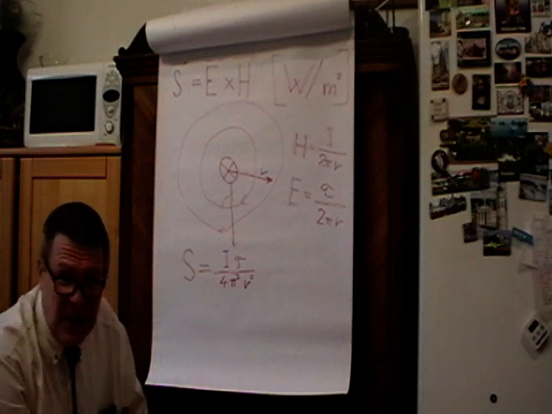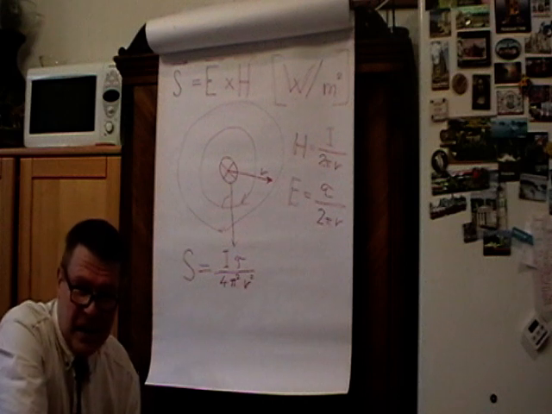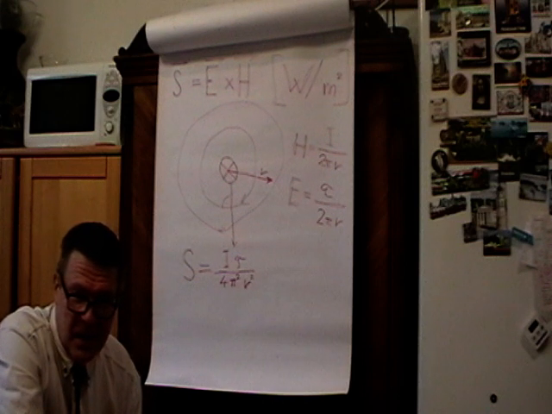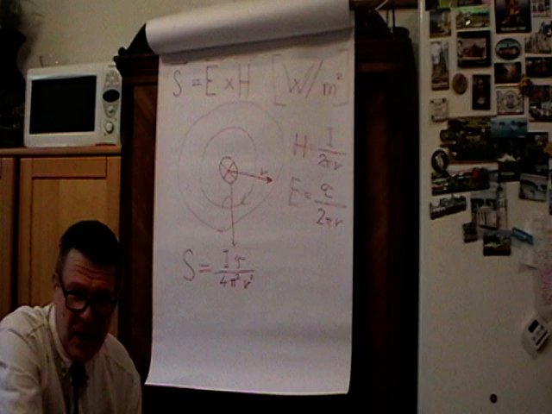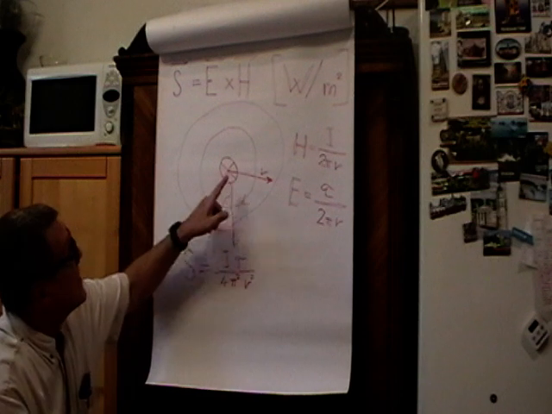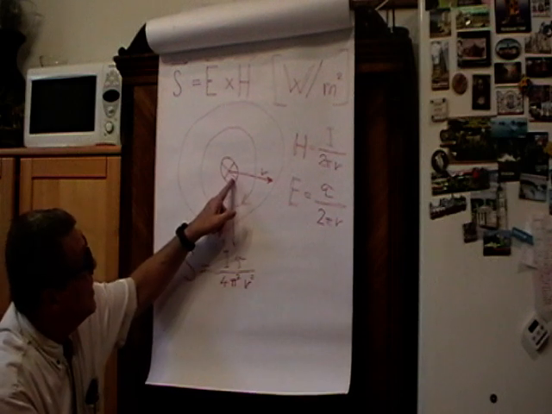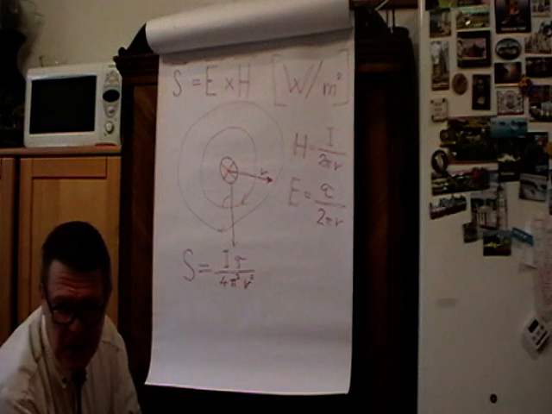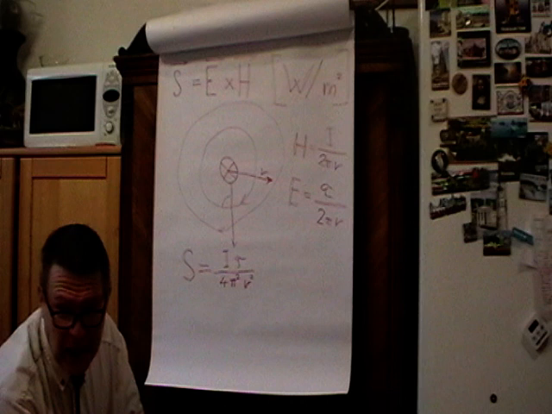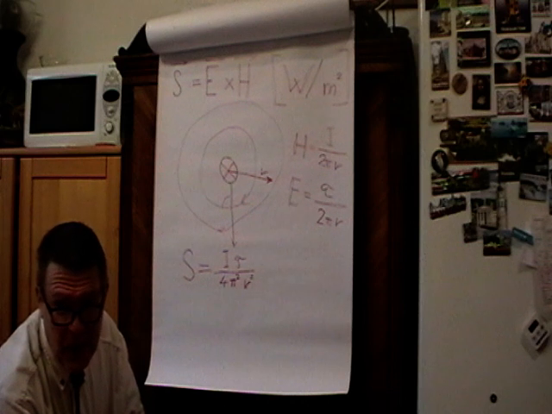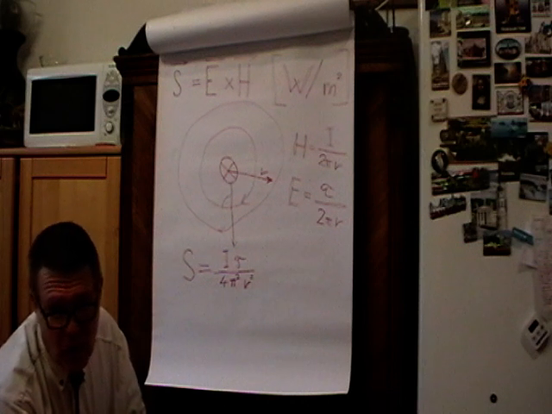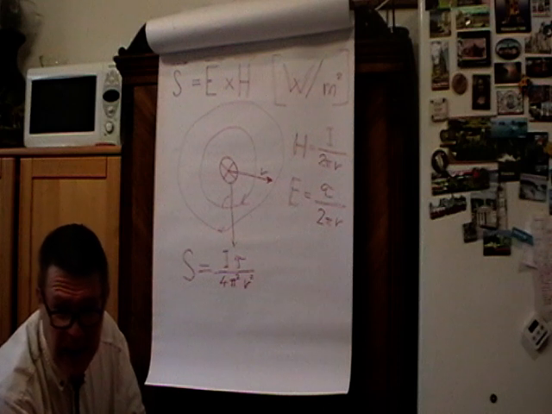But possibly the main surprise, what happens inside the conductor? Well, inside the conductor, you have some magnetic field possibly due to the current density inside the conductor, but you have none or negligible electric field strength.